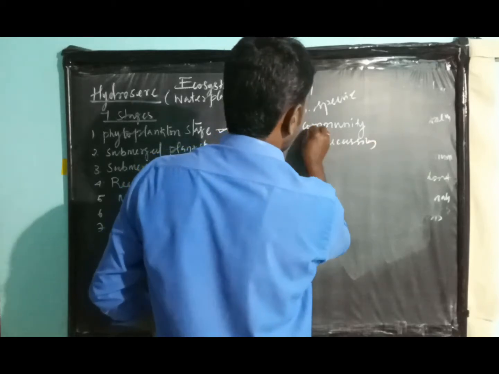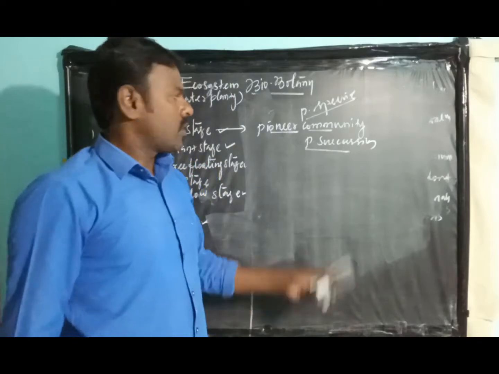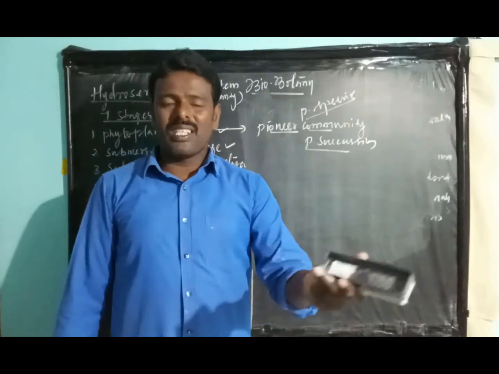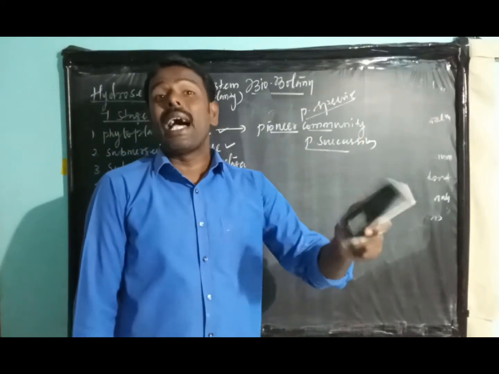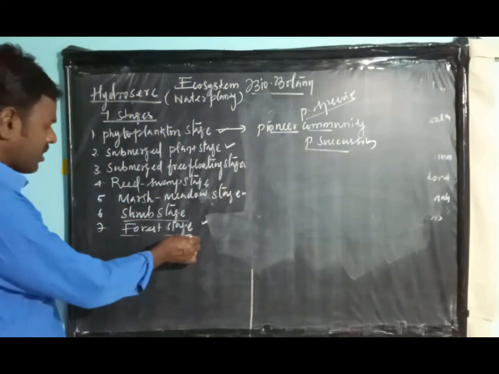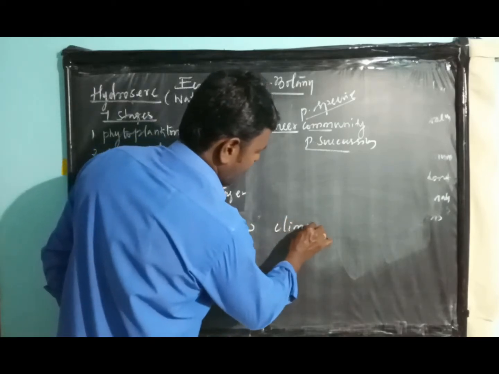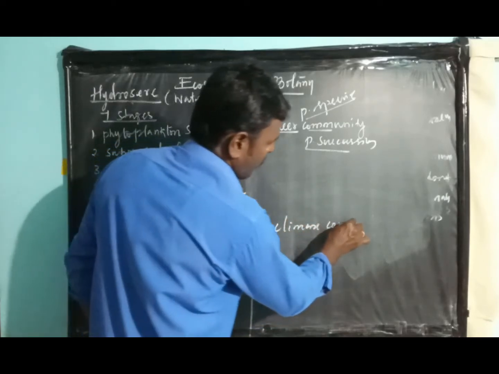So what is the pioneer community? That is the first origin of plants in a barren area, that's why it is called the pioneer community. Then the last stage is the forest stage, that is the climax community.